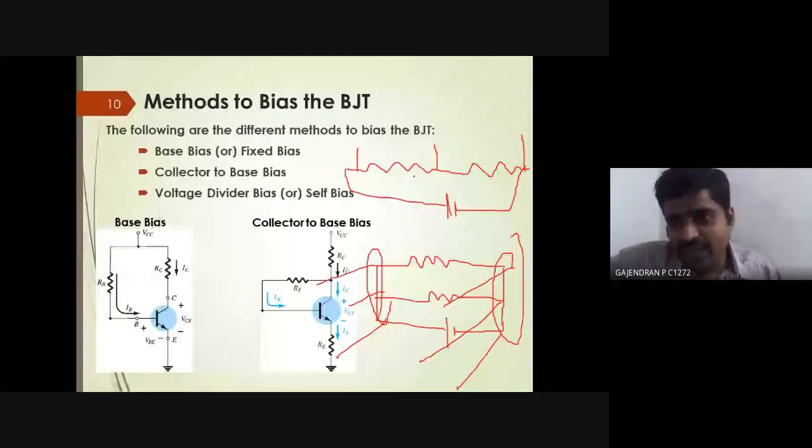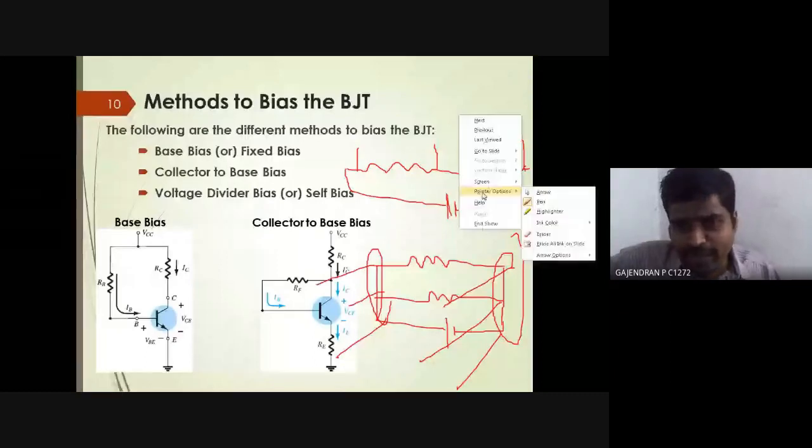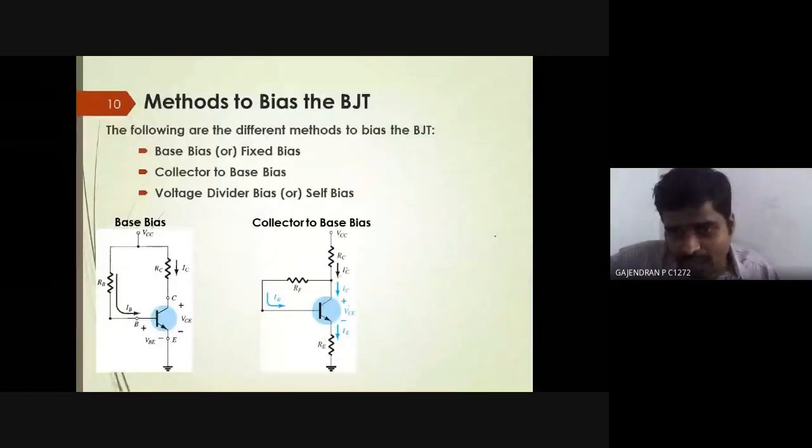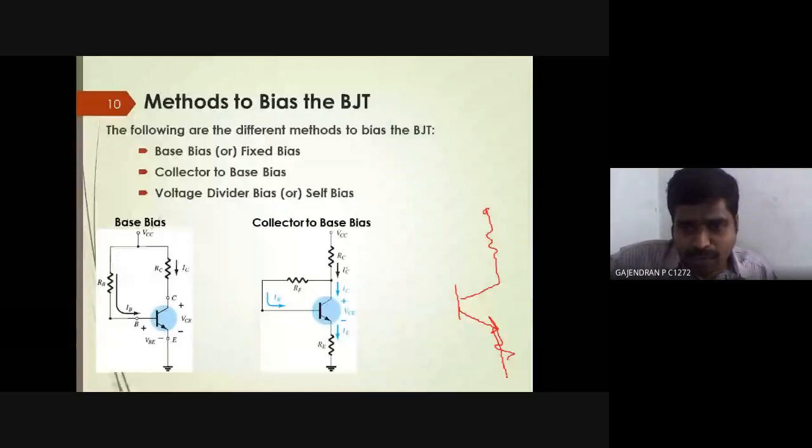Okay. Now, can anyone help me to draw the biasing circuit by the name given? Let me put this resistor, or simply I can connect it here. What must I keep over here to give this name?